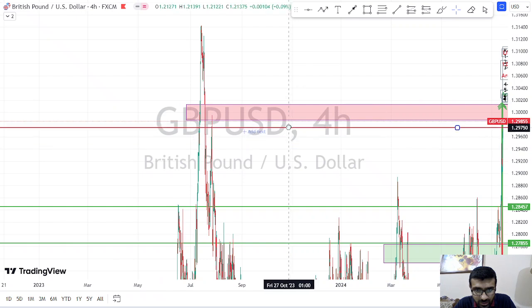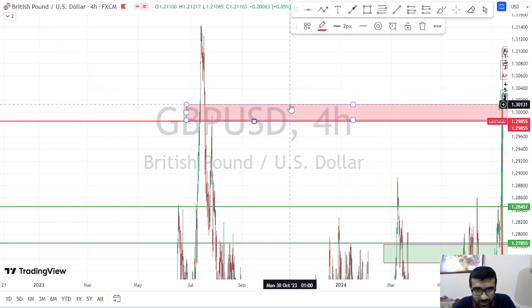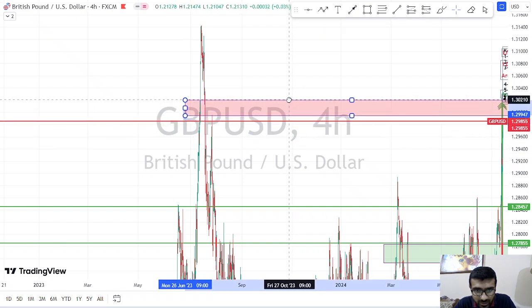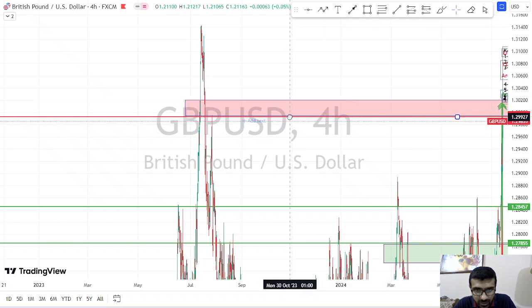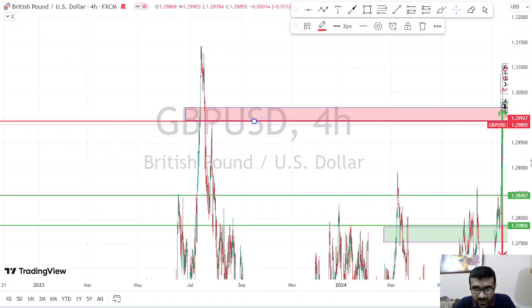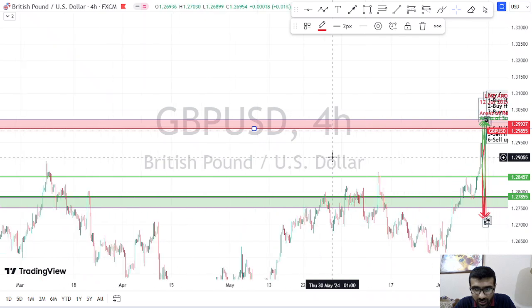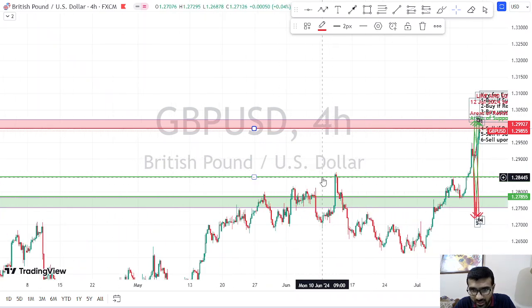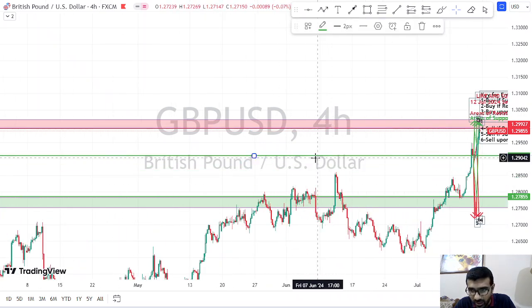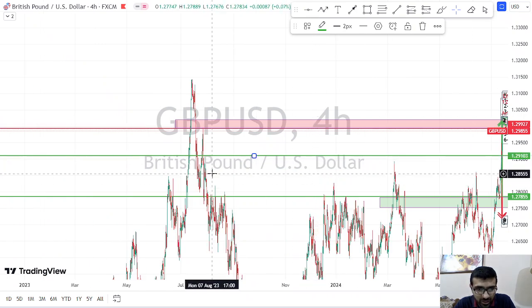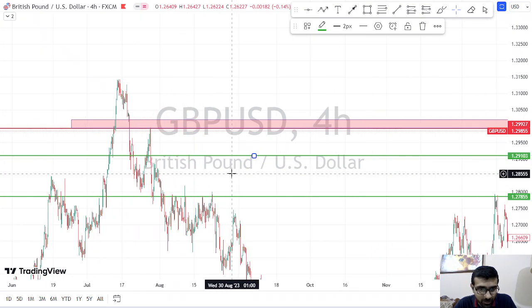Okay, so the market is going to go upwards. The next best possible area for support, you guys can see, is approximately over here. Let me see if we have any previous level present.